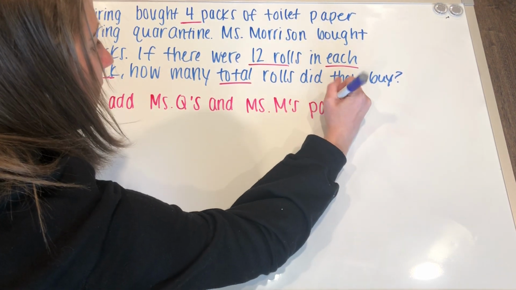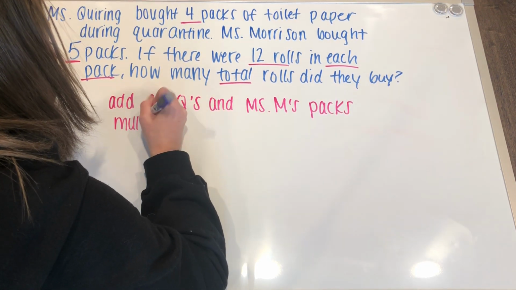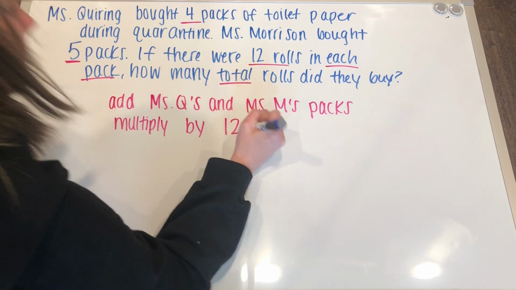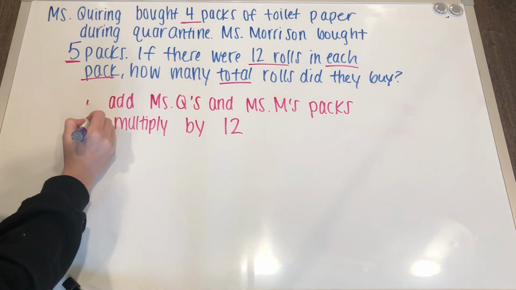And then because there are 12 in each pack, we can then multiply by 12. Okay, so that's how in words we would describe how we are going to solve this problem.